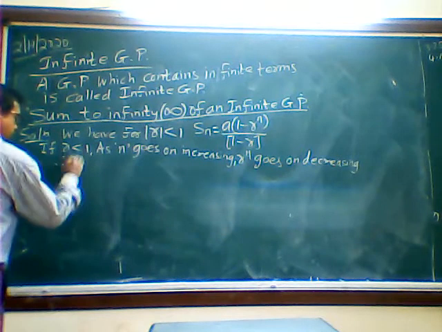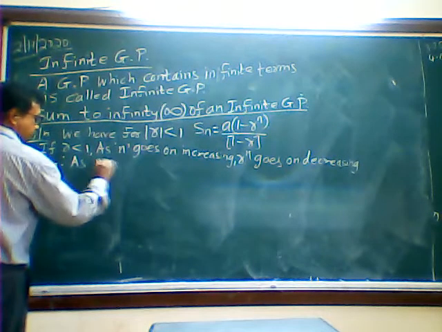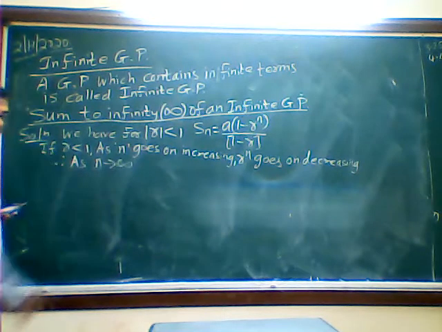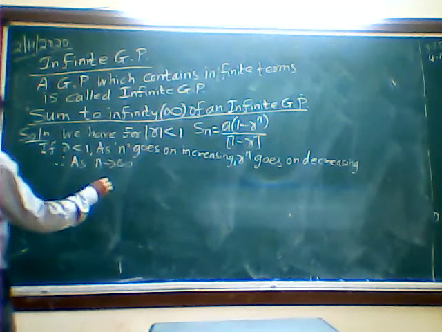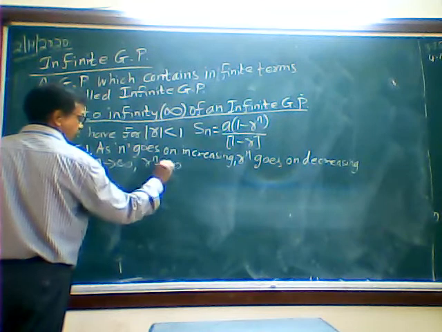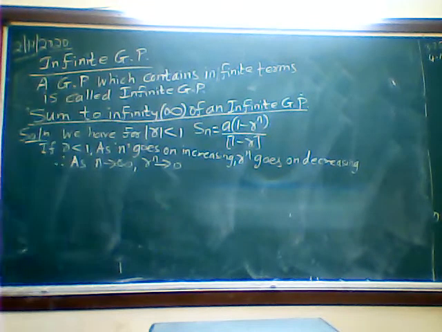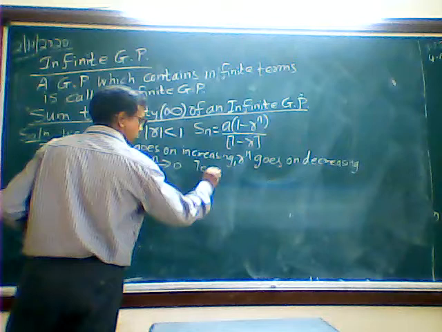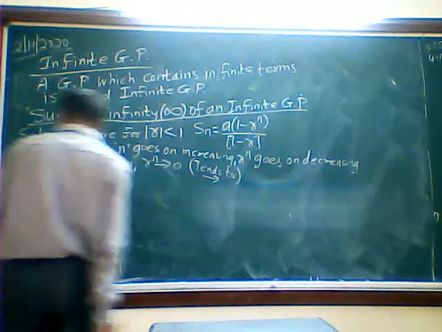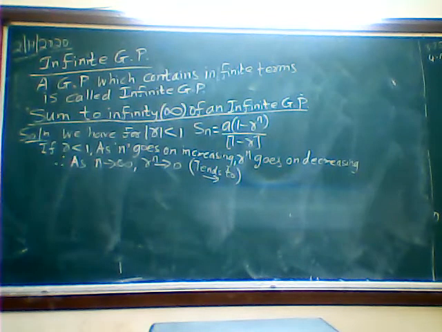Therefore, as n tends to infinity, because n is increasing here, r raised to n tends to 0. This symbol is tends to. Okay, tends to. As n goes on increasing, r raised to n goes on decreasing. Therefore, as n tends to infinity, r raised to n tends to 0.